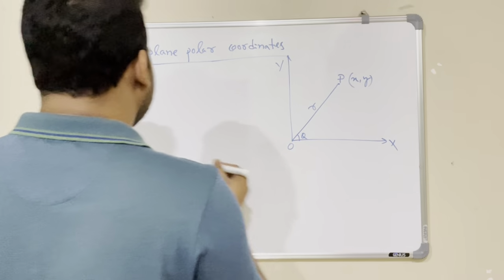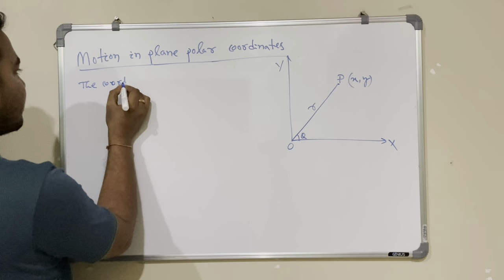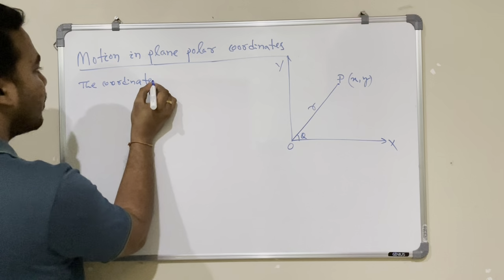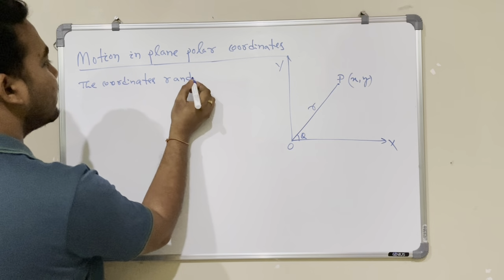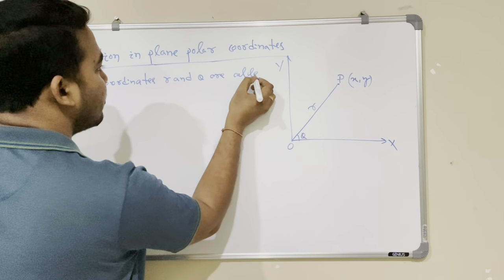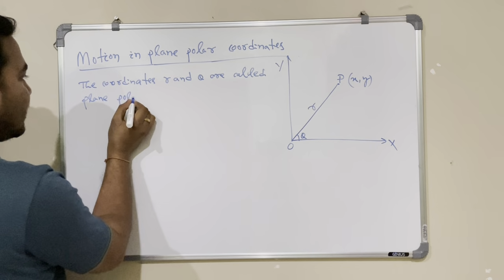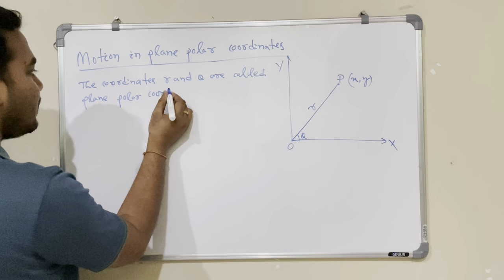Here the coordinates r and theta are called plane polar coordinates.